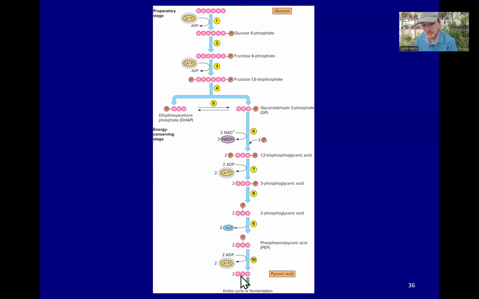And what this creates is 2 pyruvic acids. And so we've invested 2 ATPs, and we've been able to net 4 ATPs. Because we have 2 here, which makes this a net 0, and then 2 more, this makes us +2.